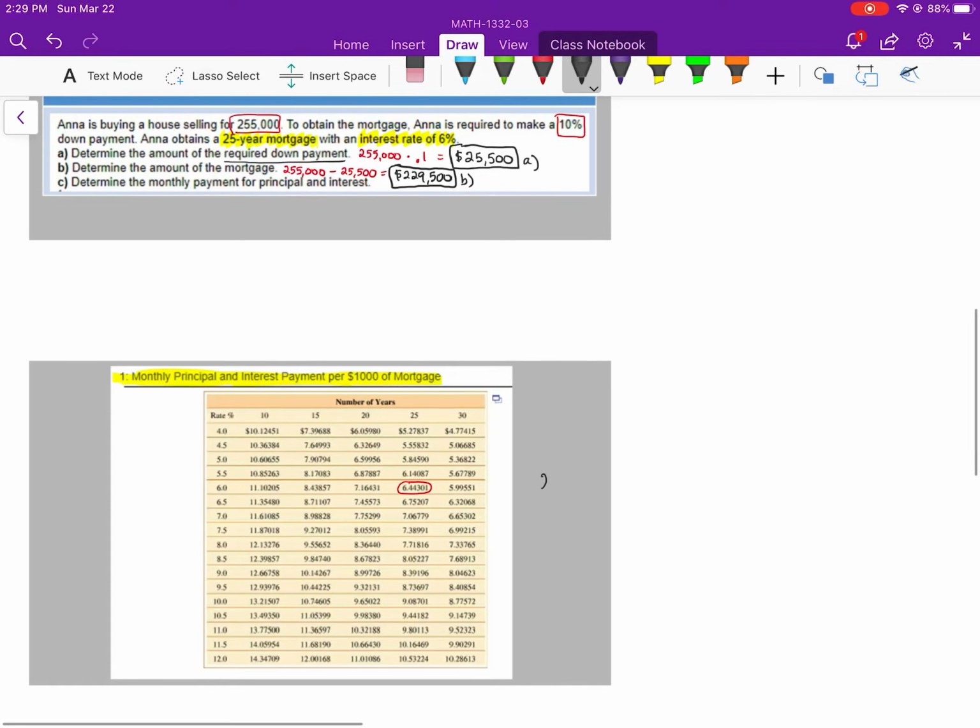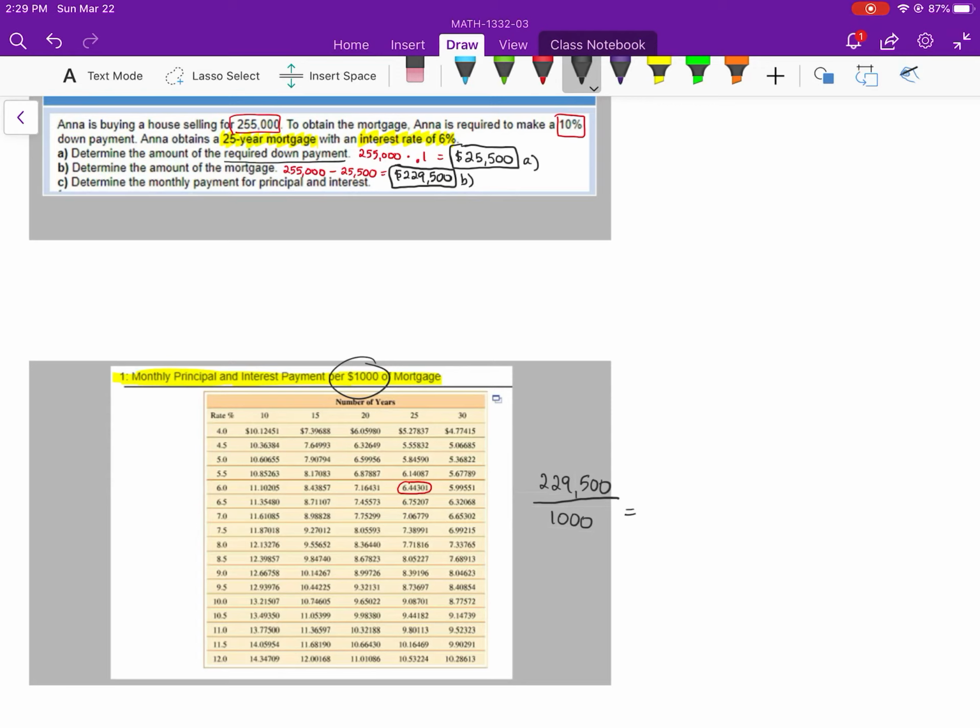So we need to take the answer that we had back on B, which is $229,500, because she's not just borrowing $1,000. She wants to borrow $229,500. So we're going to have to divide by this 1,000 to figure out how many thousands there are in this amount that she wants to borrow.